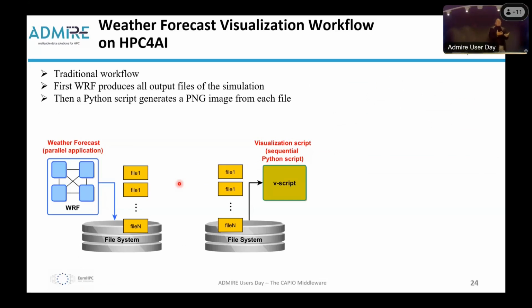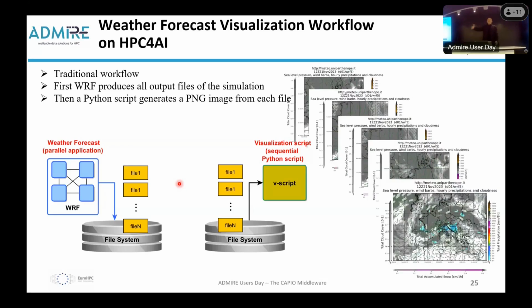Usually, in the visualization workflow that we have in the HEMP application within Admire, one of the use cases of Admire, we use this workflow in this way. First, we start WRF, which produces all the files. Then we start a Python script that goes over all the files produced by WRF and produces PNG images, so you have the results that you can see on the website of the weather forecast you prefer.